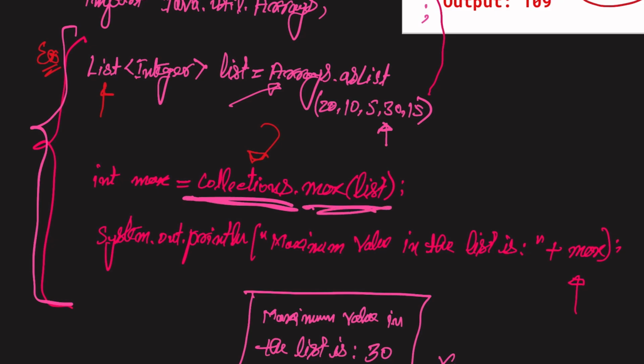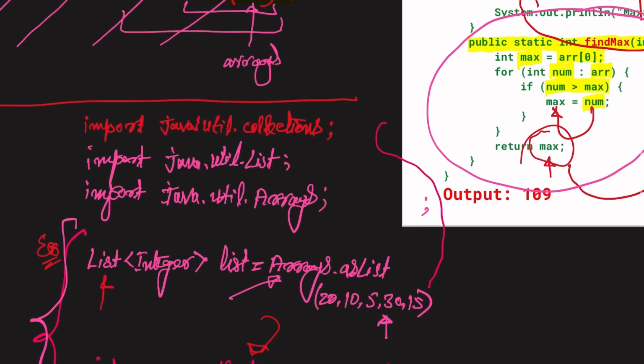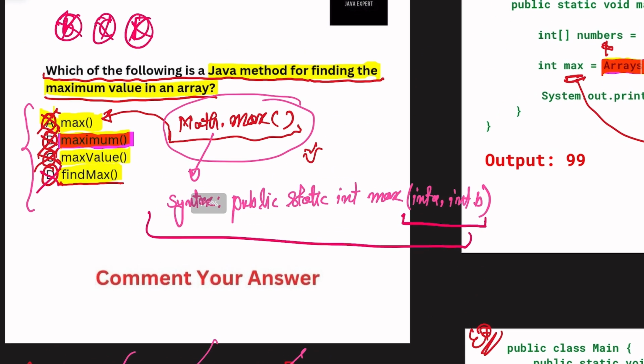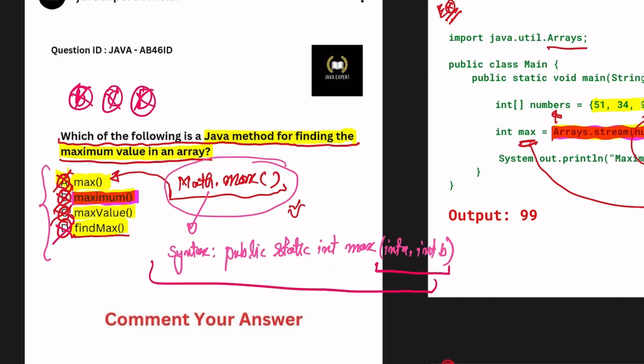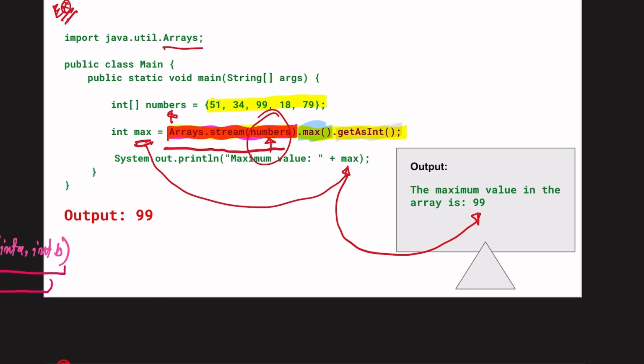Okay, so the correct answer is, let's go back to the question. The correct answer is that none of the options are built-in Java methods for finding the maximum value in an array. If I talk about these options, the correct built-in method we have seen is Arrays dot stream of numbers dot max dot getAsInt method.